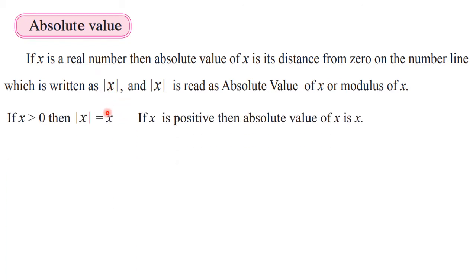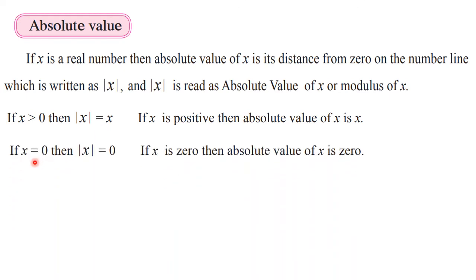The very first one is, if x is greater than 0, that means if x is positive, then modulus of x is equal to x. That means if x is positive, then absolute value of x is x, means plus x. Second, if x is 0, then absolute value of x is 0.